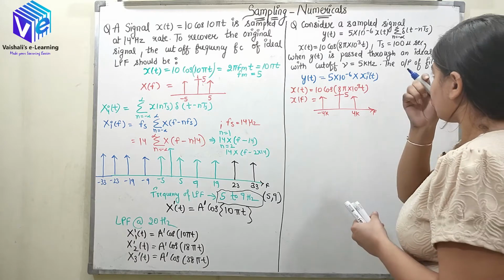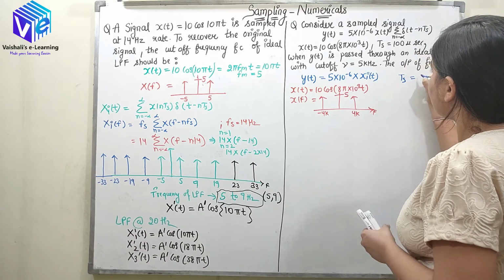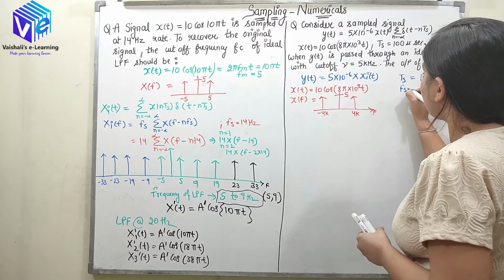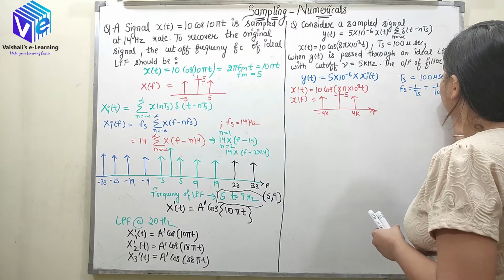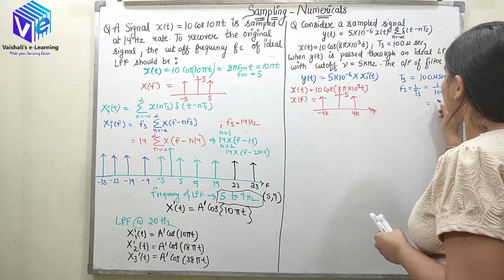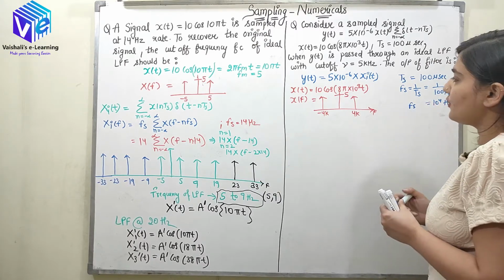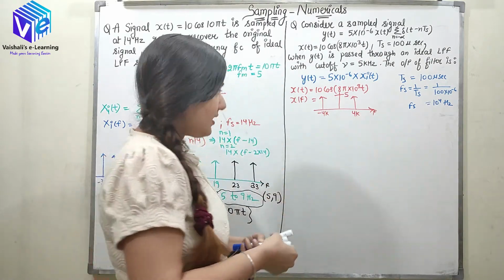So now let's observe this signal. Here the sampling time is given as 100 microsecond. So now I know fs is equal to 1 upon Ts, is equal to 1 upon 100 into 10 raised to power minus 6. So fs is 10 raised to power 4 hertz. So now I know the sampling frequency.